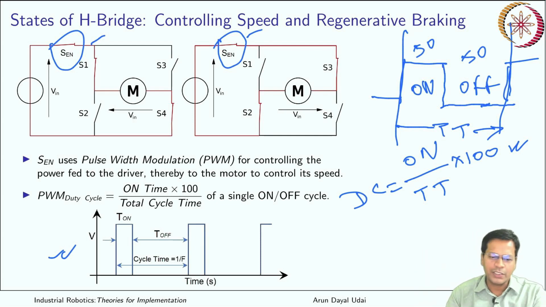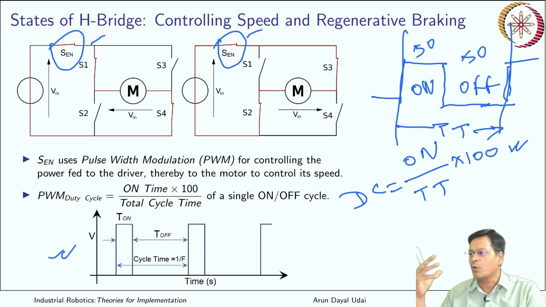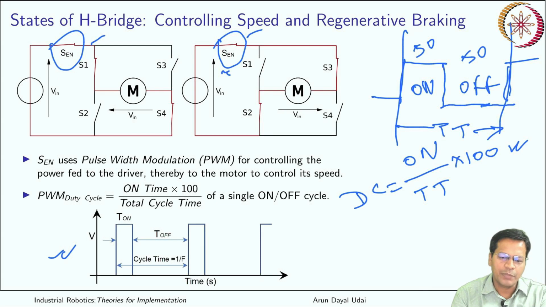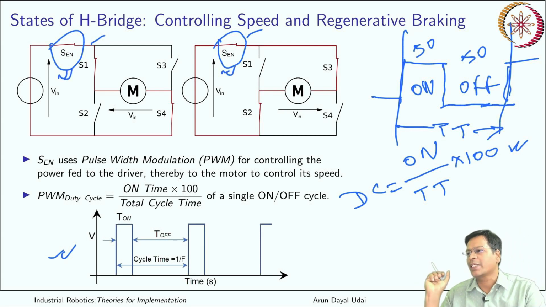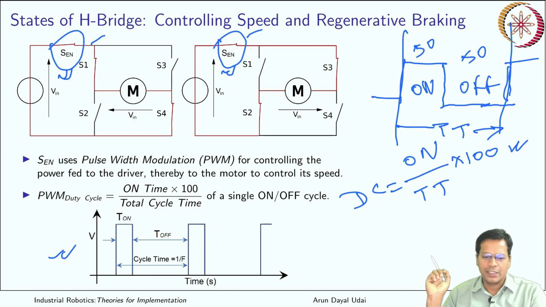That will continuously switch the whole H bridge on and off. So the motor as a whole can be switched on and off using this enabling switch. So PWM switches this particular S enable switch on and off, the switch which is here. That is the way you can control the speed.